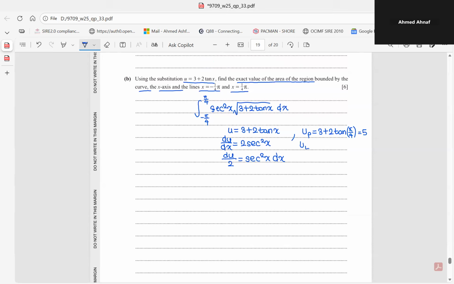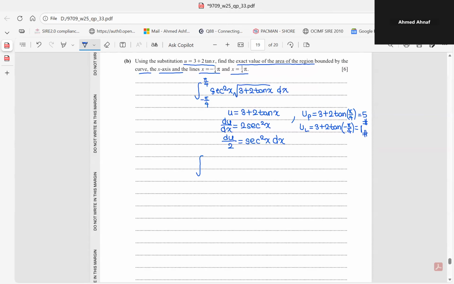And then the lower limit would be 3 plus 2 tangent -π/4. You would get 3 minus 2, which is 1. So these two will be our new limits. So now we're ready to integrate.